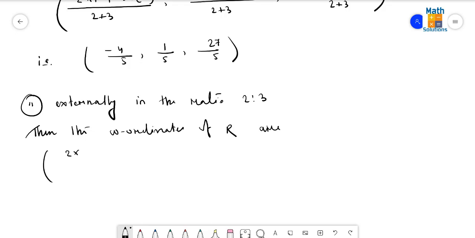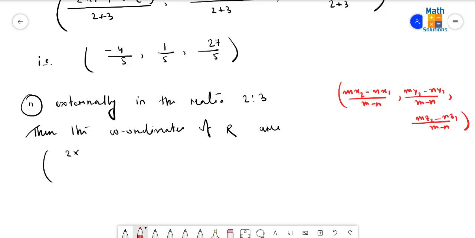The second formula, that is (mx2 minus nx1) divided by (m minus n), then (my2 minus ny1) divided by (m minus n), and the other one is (mz2 minus nz1) divided by (m minus n). This formula we have to use here.